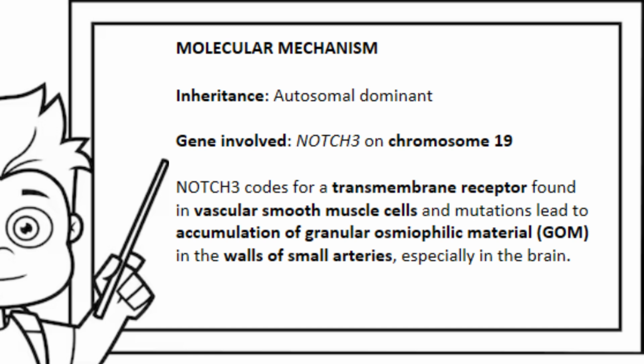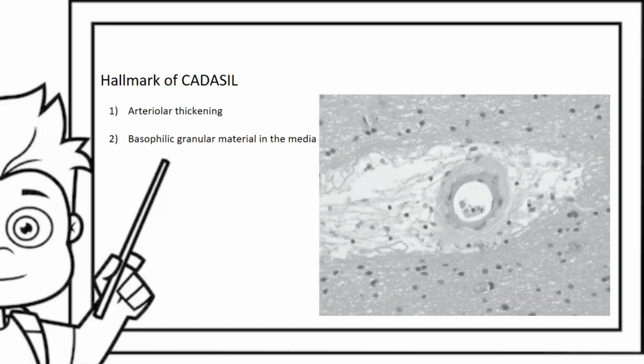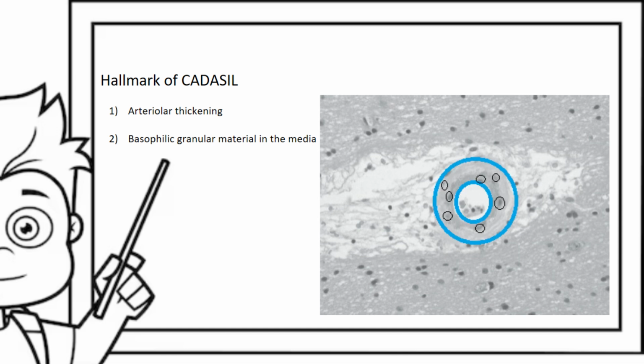Mutation of this gene leads to the accumulation of granular osmophilic material, aka GOM, in the walls of small arteries, especially in the brain. If you take a look at our pathology slide, you will see arteriolar thickening with basophilic granular material in the media. This is the hallmark of CADASIL.